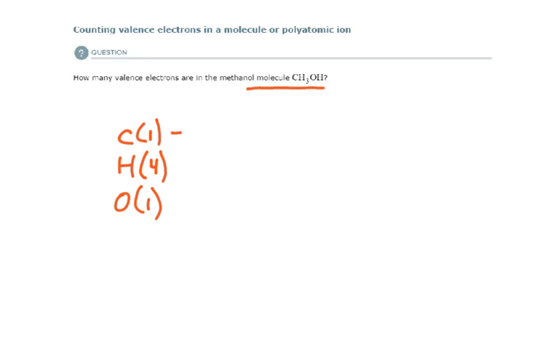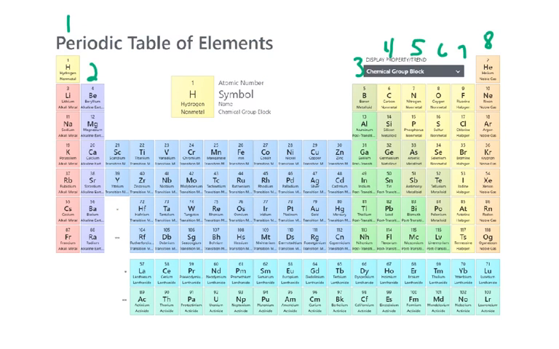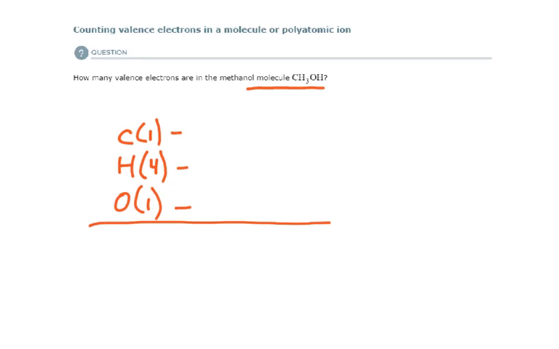Okay? So now let's count the total number of valence electrons. Well, how many valence electrons does every carbon atom have? Let's find carbon. Here it is. It's in group 4A, so it has 4 valence electrons. How many carbon atoms do we have?